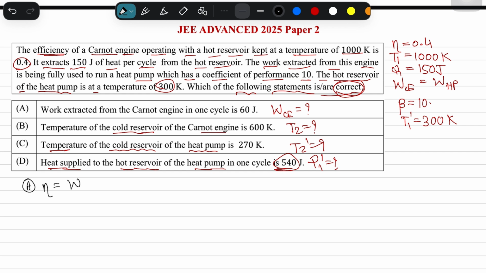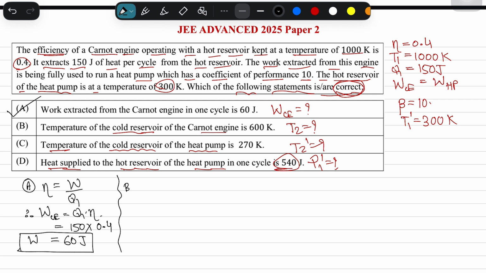So W divided by Q1, and therefore work extracted from the Carnot engine is equal to Q1 into eta. So Q1 value is given as 150 and that eta value is taken as 0.4. So your answer can be 60 joule. The first option is correct.